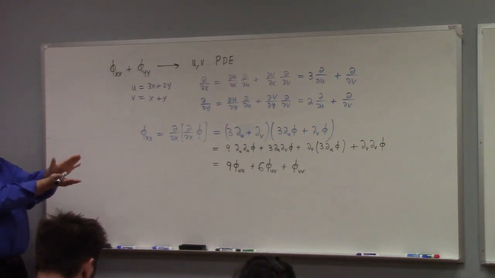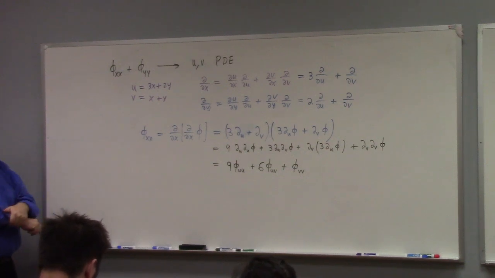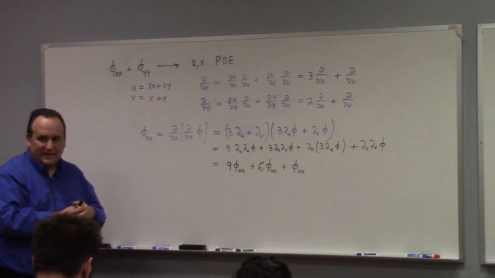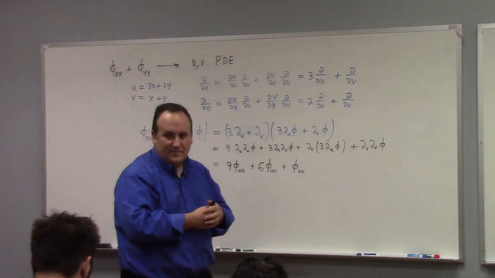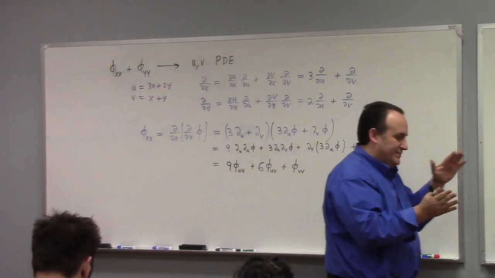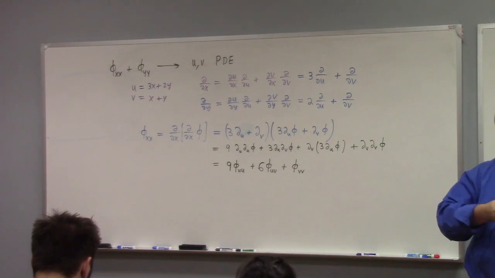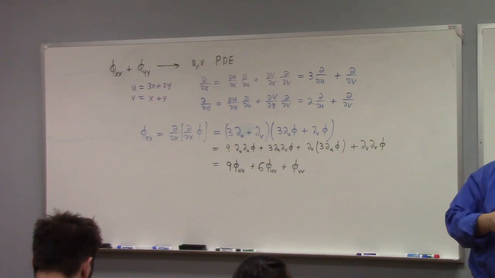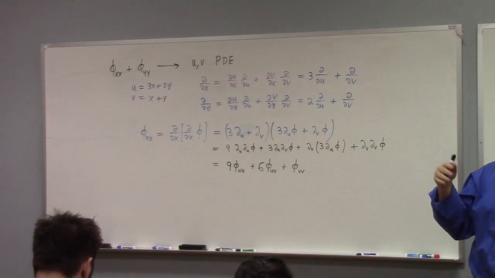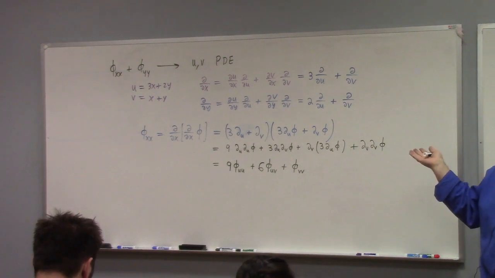There are slanted coordinate lines. There might be a good applied reason for looking at coordinates like that because of how your data is collected. Maybe in your physical situation you just don't have a sensor system set up orthogonally. Maybe it's set up on slanted lines, and then this would be the more natural coordinate system to solve things in.